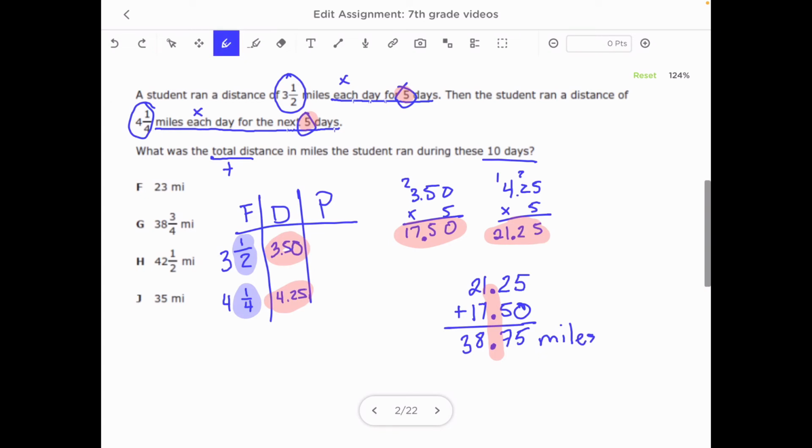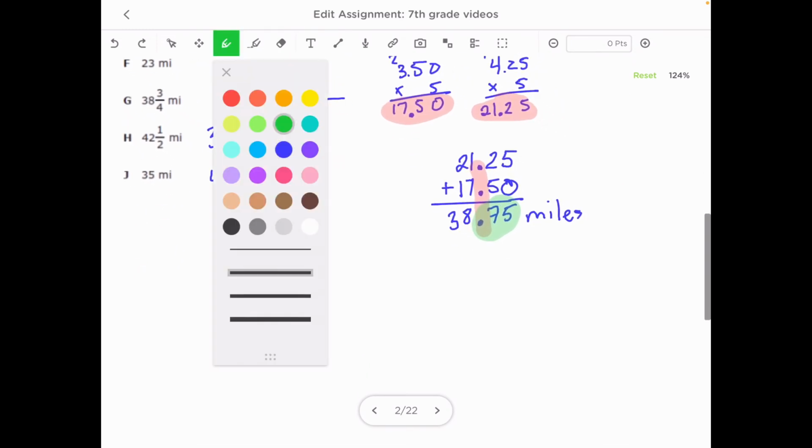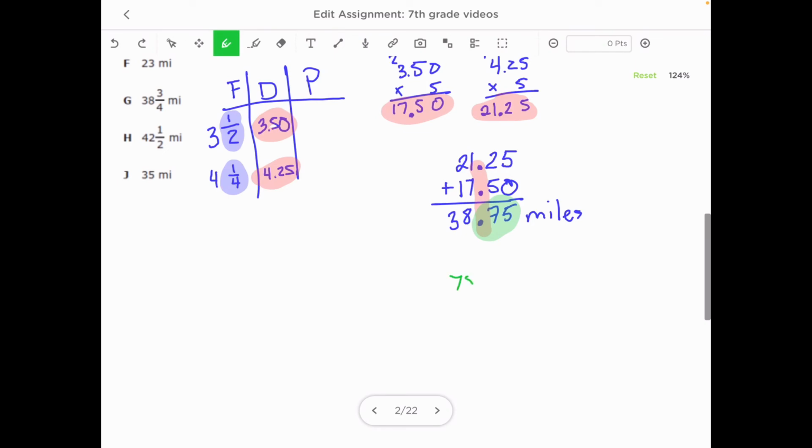All right. Now, if I'm looking over here at my answer choices, I'm noticing that I have my answers in fraction form. Well, I can go about converting my decimal, this one right over here that I'm going to highlight in green. I can convert that back into a fraction by doing this. Because it ends in the hundredth place, I'm going to put a 100 underneath it.